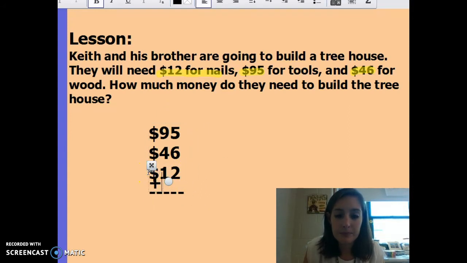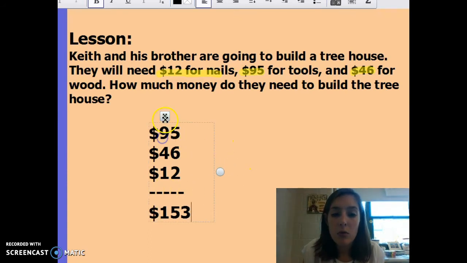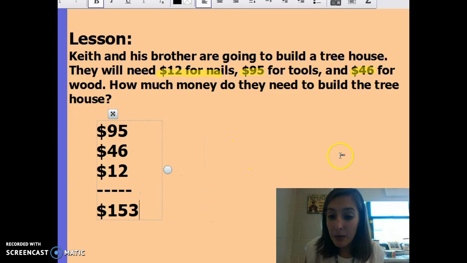So 5 plus 6 is 11, plus 2 is 13. Carry the 1. 9 plus 1 is 10, plus 4 is 14, plus 1 is 15. So I need $153.